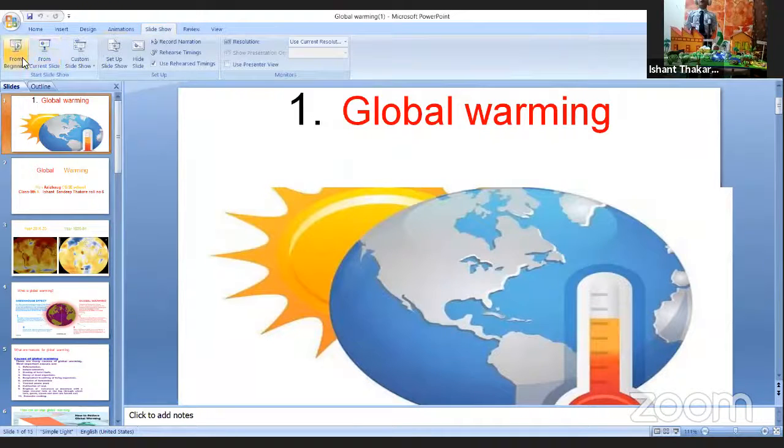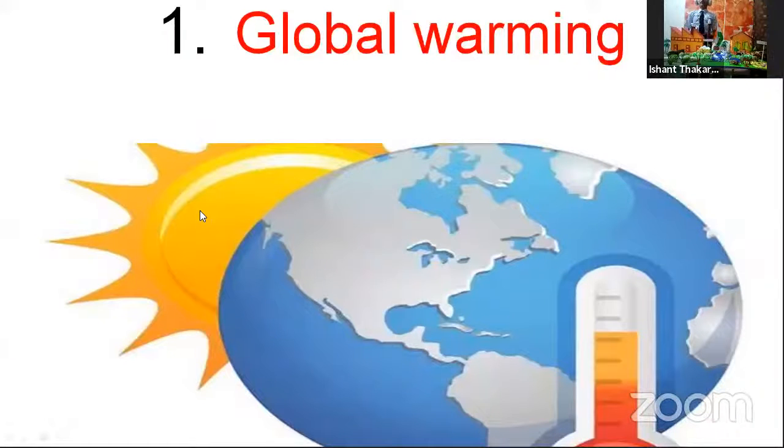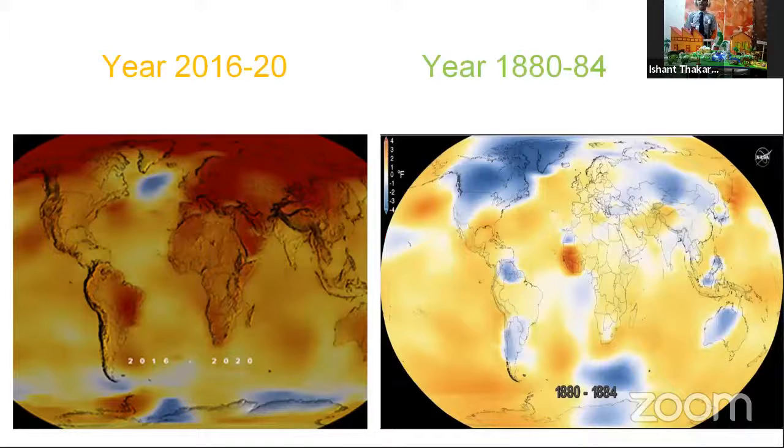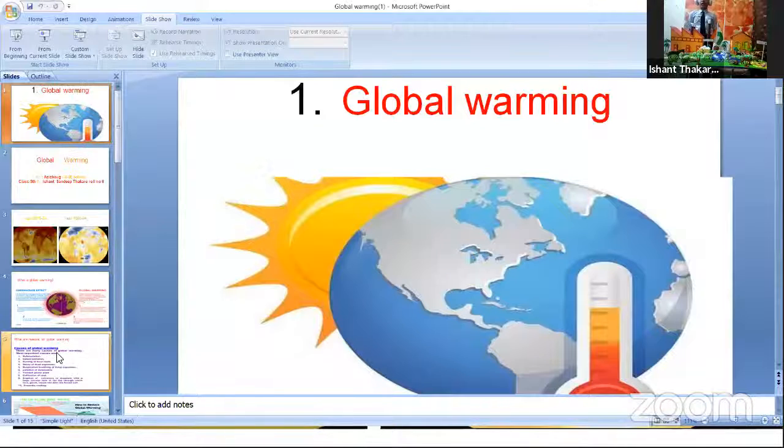Hello everyone and a very good afternoon. I am Ishan Thakre from Standard 5th. The name of my school is MPS AZIZBAUG CBSE. The name of my city is Mumbai and I am going to represent my country, India. So my friends, you have heard about the terms global warming and climate change.